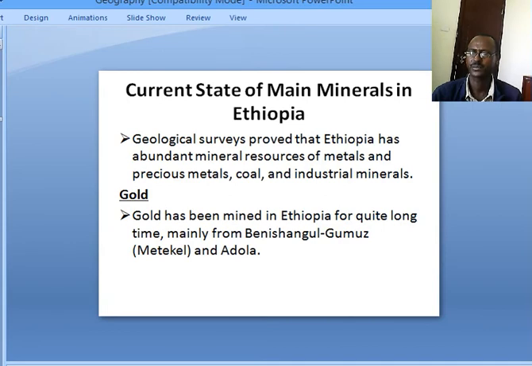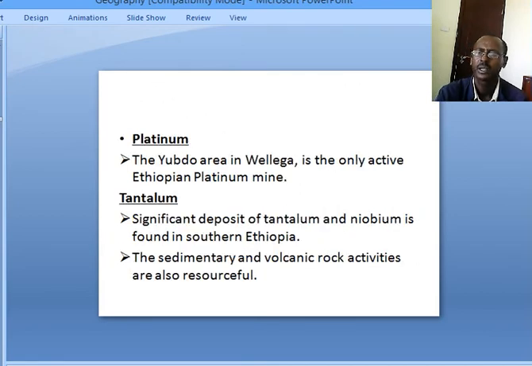For example, some of the minerals of Ethiopia include gold. Gold has been mined in Ethiopia for quite a long time, mainly from Benishangul Gumuz, Metekel area, and Adola. Platinum: the Yubdo area in Wollega is the only active Ethiopian platinum mine. Tantalum is also found in Ethiopia.